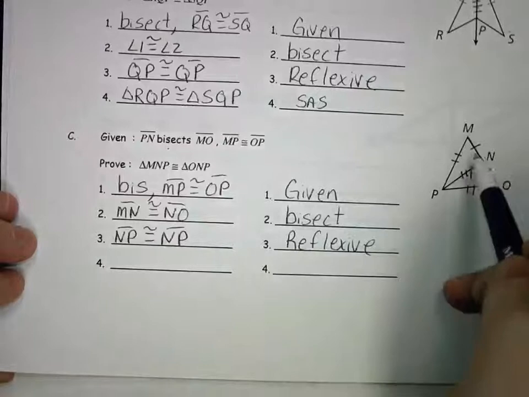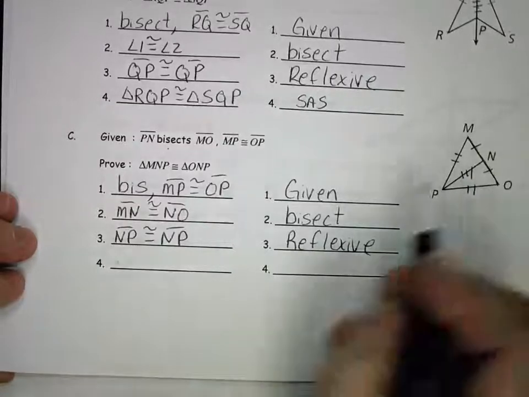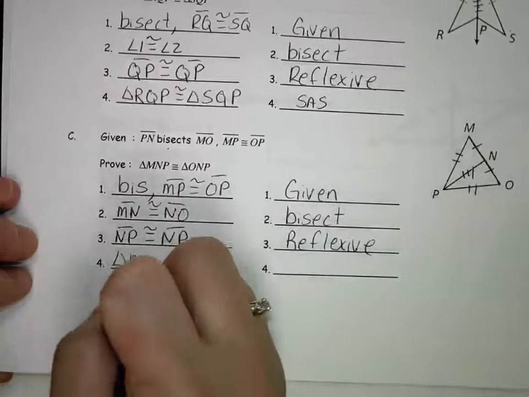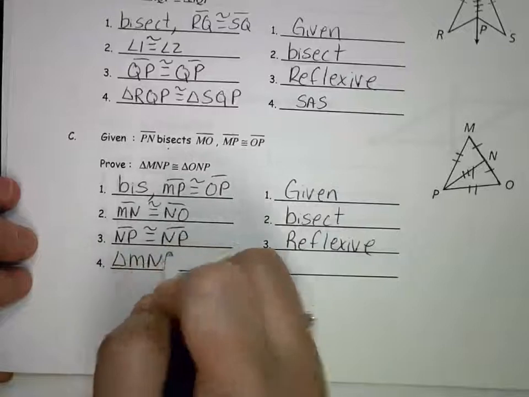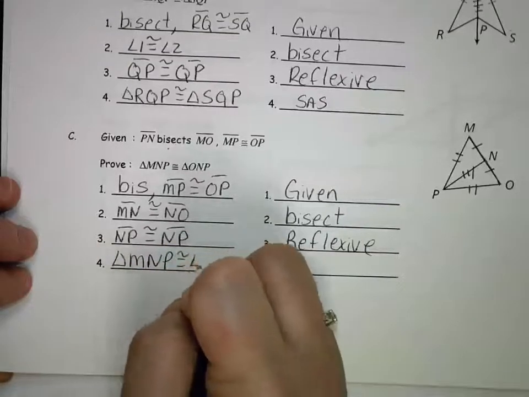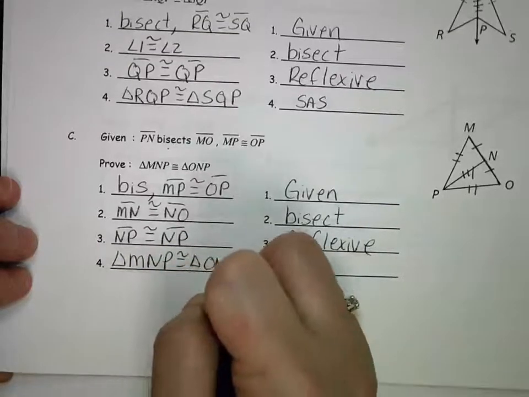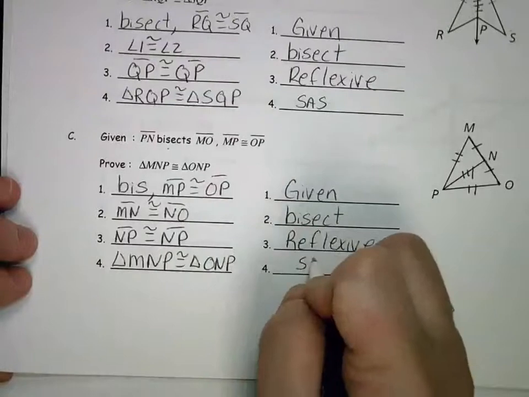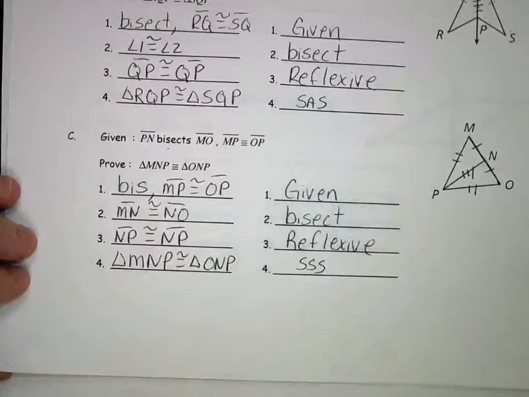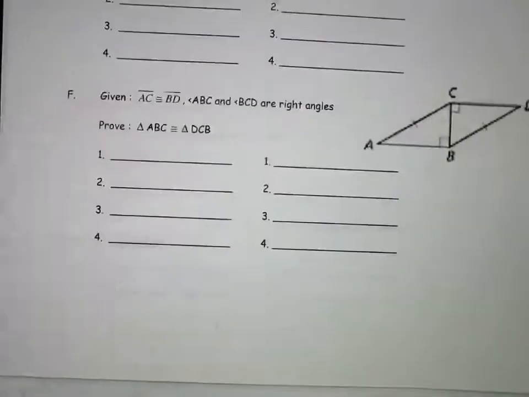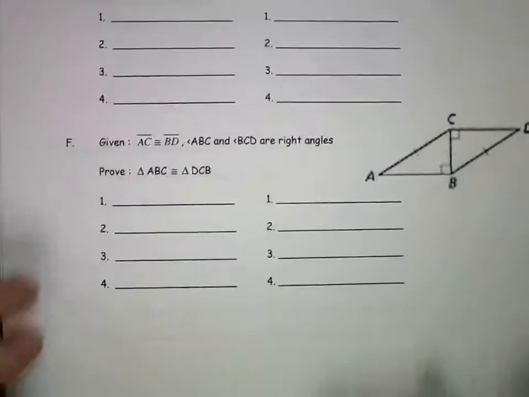And now we have 3 sides in this triangle congruent to 3 sides in this triangle. And you have triangle MNP congruent to triangle ONP by side, side, side. Couple more proofs on the next page.